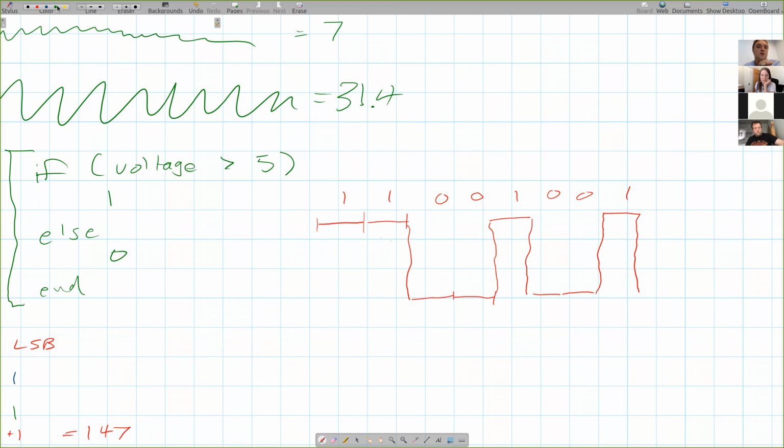So that's 128, 64, 1, 2, 4, 8. So 132, 182, 183. If I send that sequence of beeps and boops over, your computer goes 183.